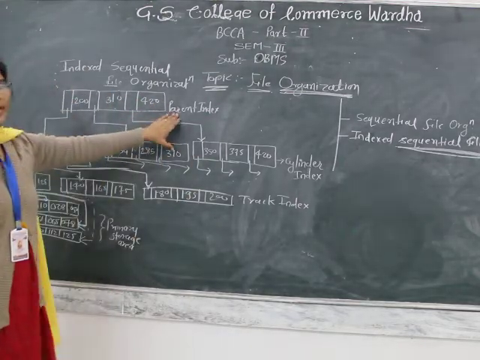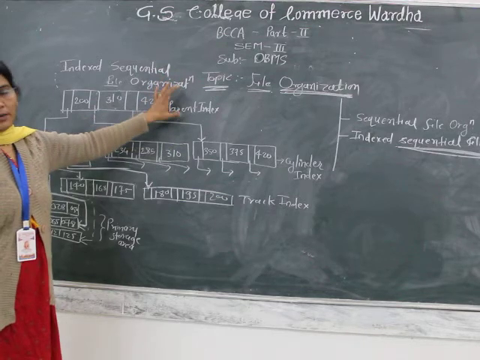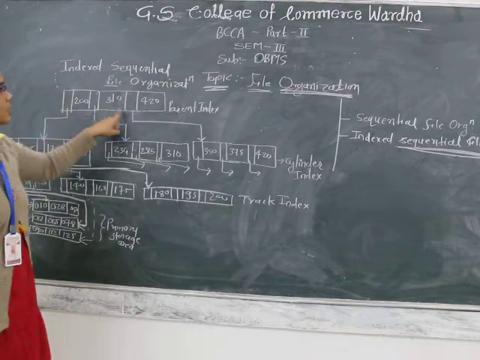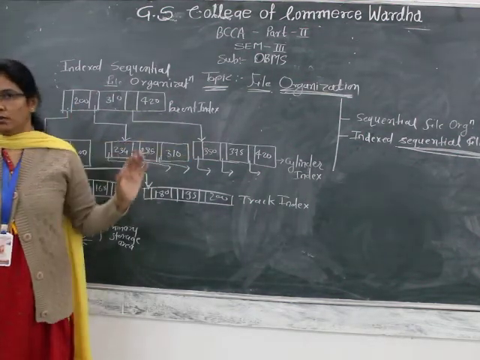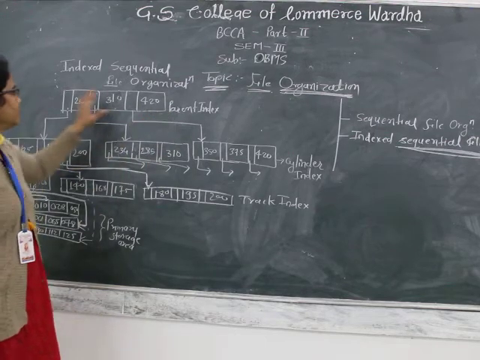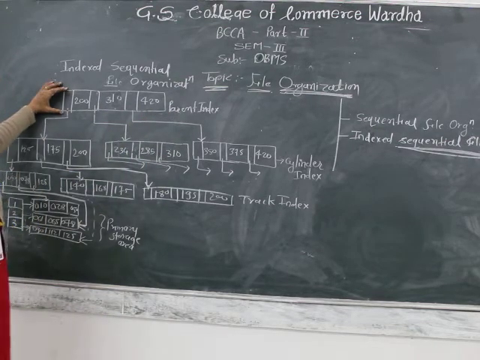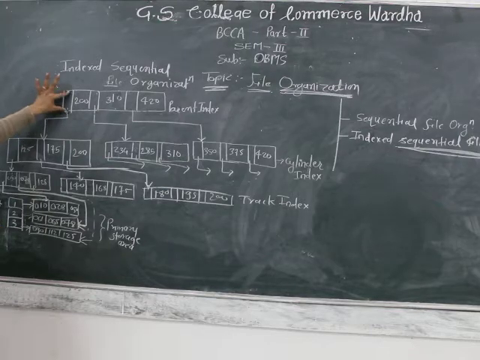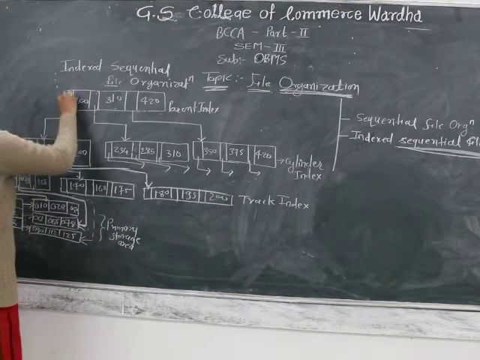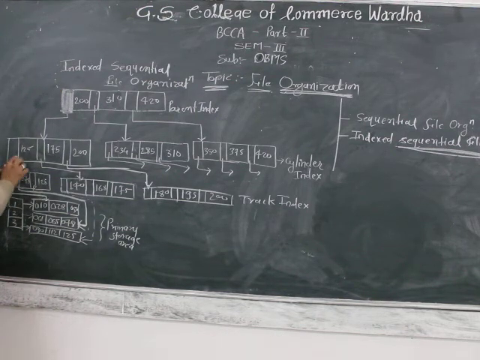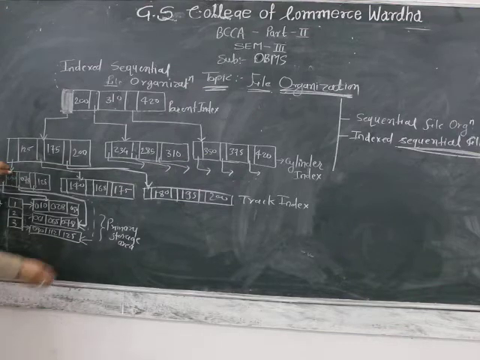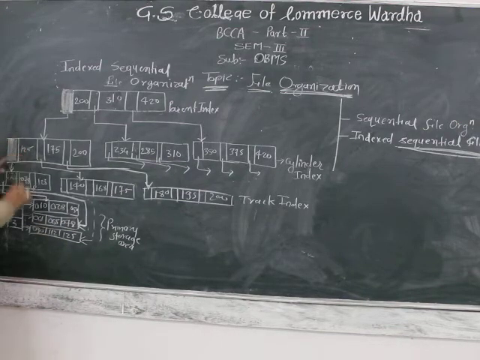So basically it is a parent index. According to that parent index, which again follows the sequential file organization rule, it is arranged in ascending order. This is the track which has the parent index. Then the next is the cylinder index, which holds the addresses before 200.